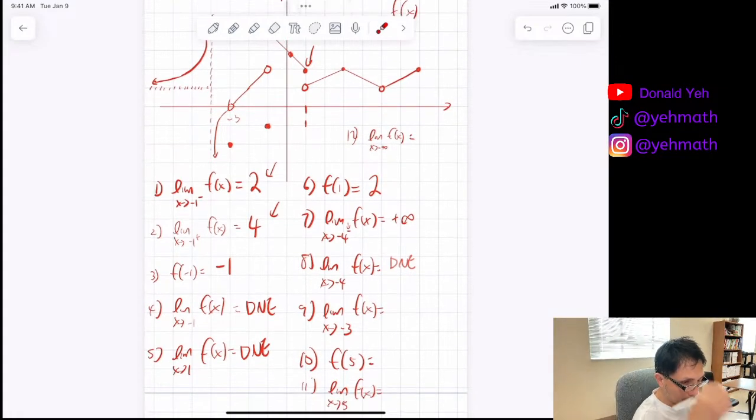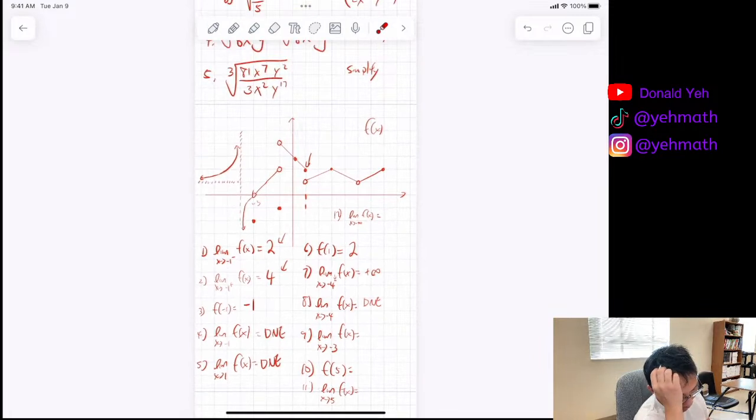Okay. Limit as x approaches -3. It does not exist. Jack.